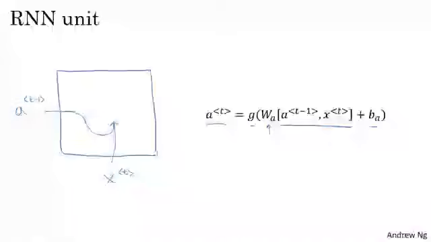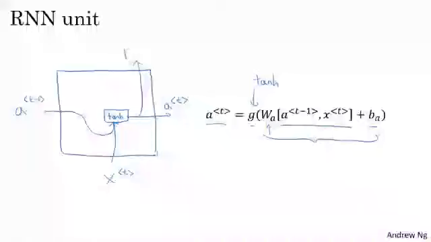And after some weights and after this type of linear calculation, if g is a tanh activation function, then after the tanh, it computes the output activation a<t>, and the output activation a<t> might also be passed to, say, a softmax unit or something that could then be used to output y hat t.